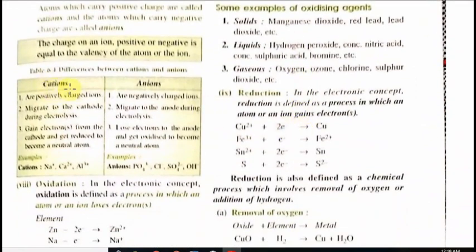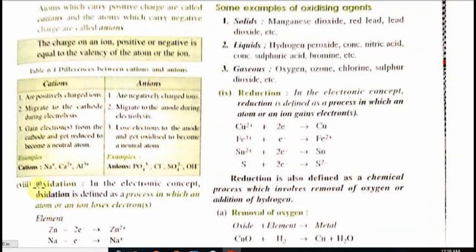Now students, please look, this is cation, this is anion. Cations are positively charged ions which go towards the cathode. Anions are negatively charged ions which go towards the anode during electrolysis. Cation gains electron and anion loses electron.